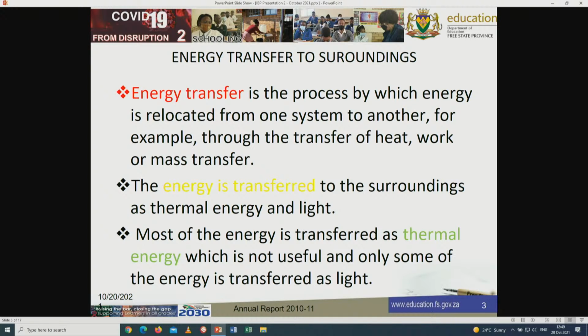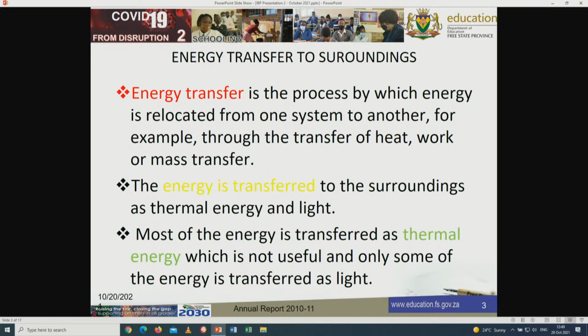Energy transfer to the surroundings is the process by which energy is relocated from one system to another. The energy that is moving or transferred from one system to the other system, for example, through the transfer of heat, work, or mass transfer.